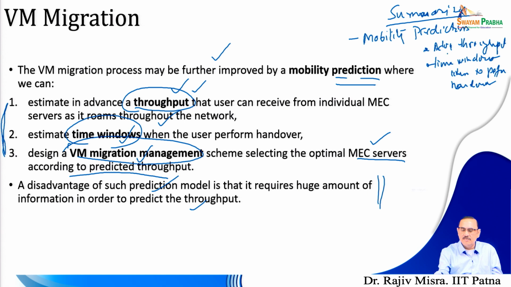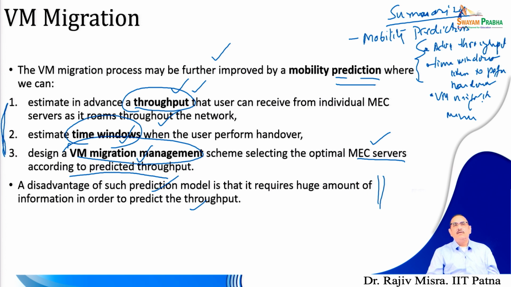So, two factors, and third, using that throughput it can then derive the virtual machine migration management. So, mobility prediction has an important significance here in virtual machine migration.